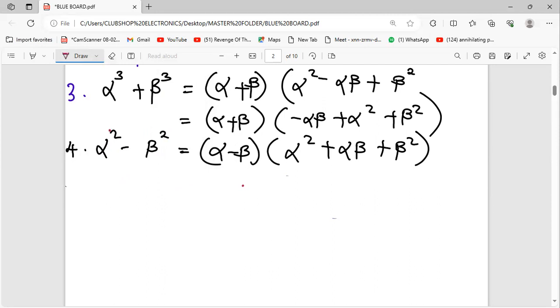So this is supposed to be power 3. Supposed to be power 3, and this one passes. We have got alpha to the cubed minus beta to the cubed. This will be alpha.